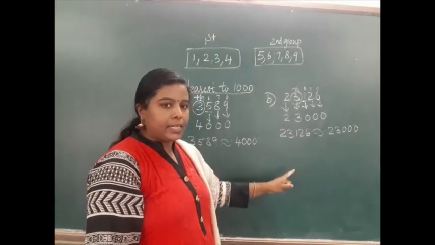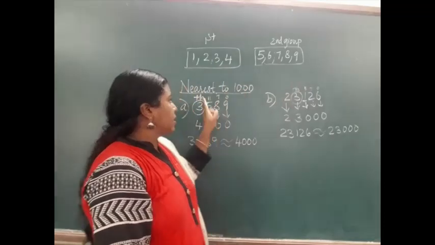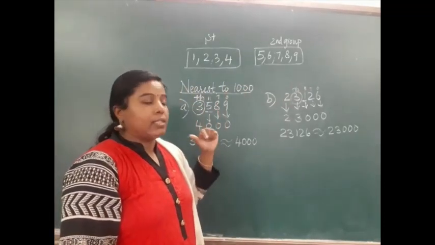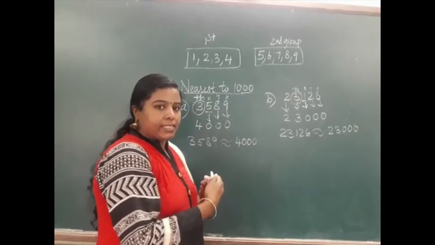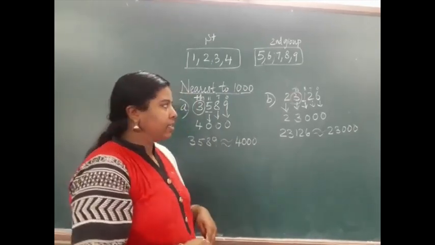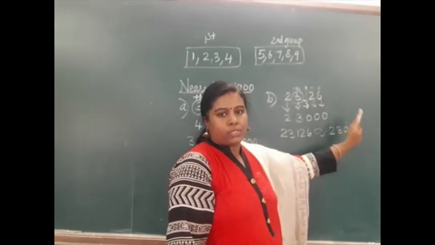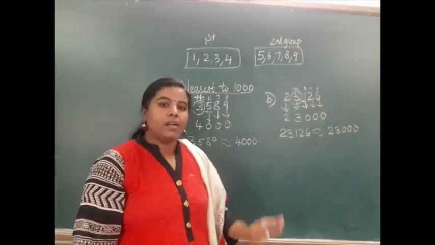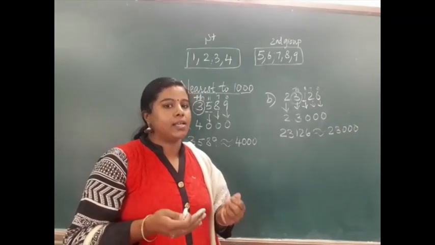If the underlined digit is in the second group, add 1 to the circled digit. And the next step is write all the left side digits as they are and change all the right side digits into zeros. Hope you learned how to round the numbers to the nearest 10, 100 and 1000.